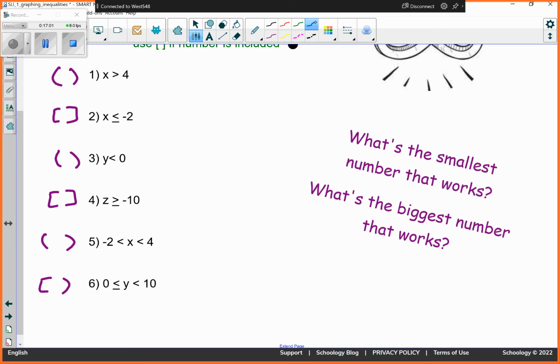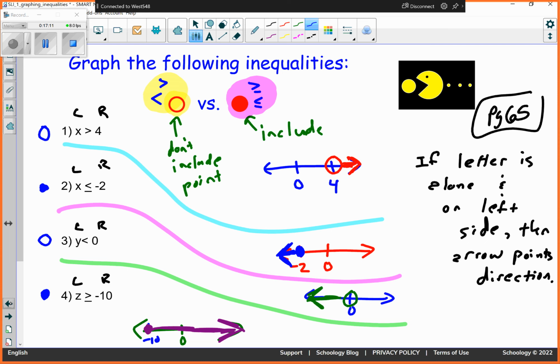So my friends, think about what the number line of x is greater than 4 would look like. You have that kind of visualized? If not, it's back here. It's number 1 right there, right? So notice where it's going. Where's my number on number 1 going? It's an open dot going to the right.